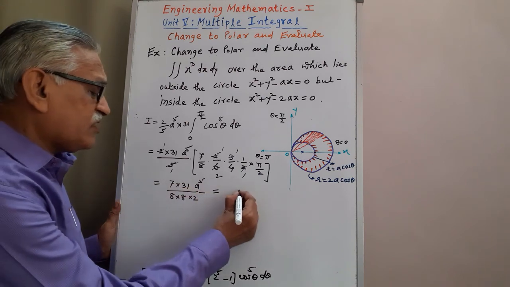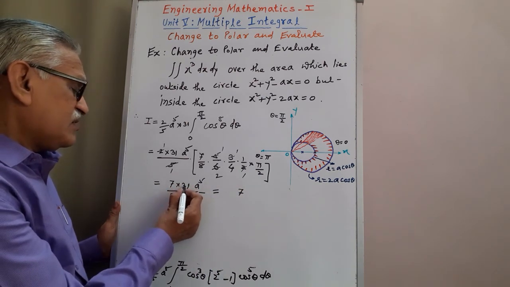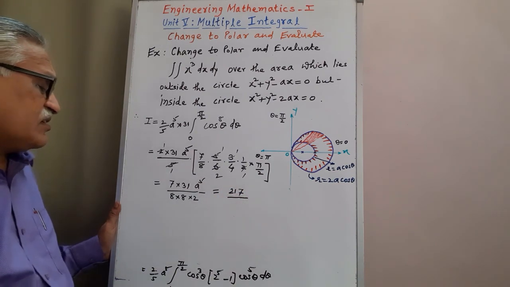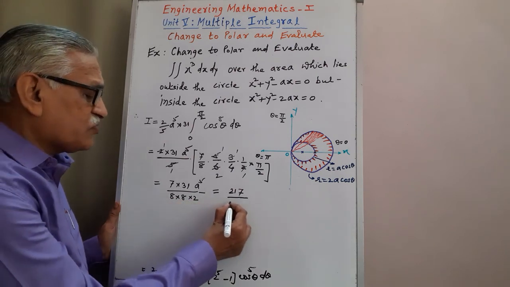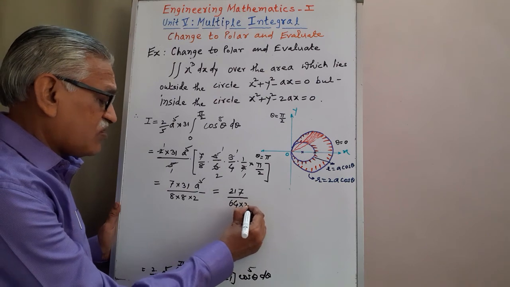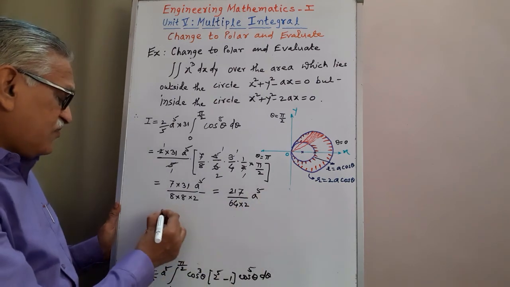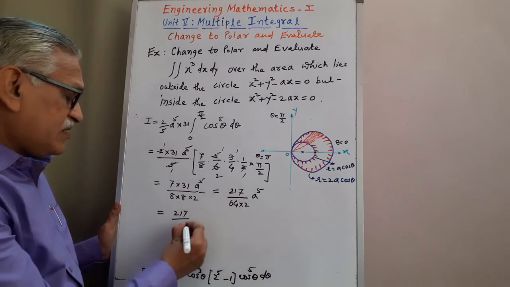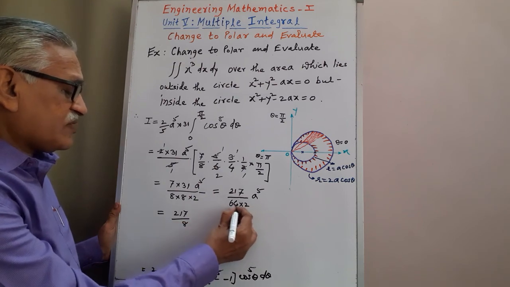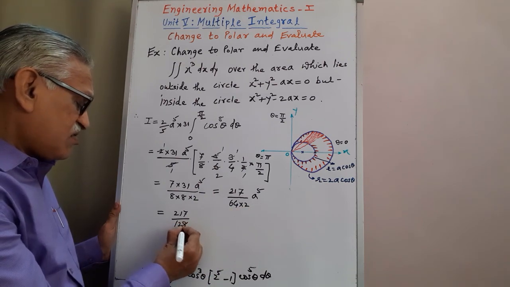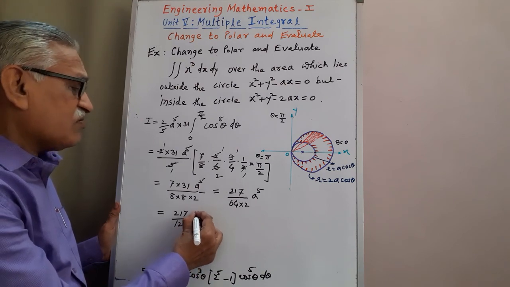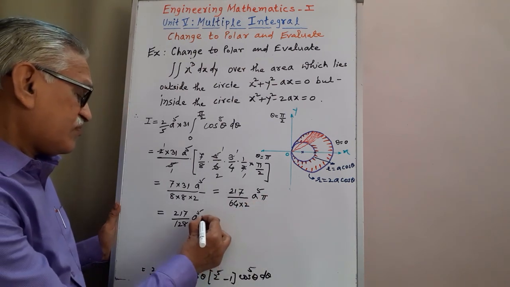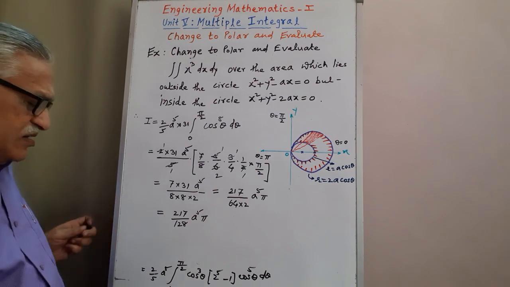Therefore, 7 1s are 7, 7 3s are 21, divided by 64 into 2, a raised to 5, and therefore it is 217 divided by 128, a raised to 5 and pi, is the required answer.